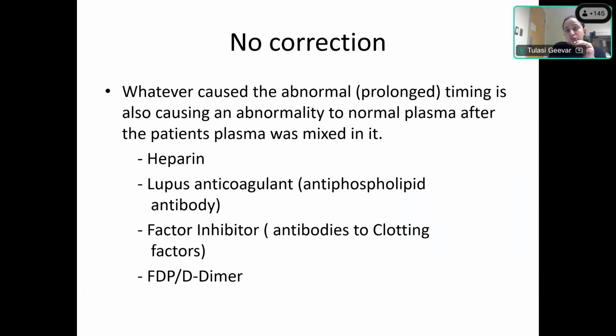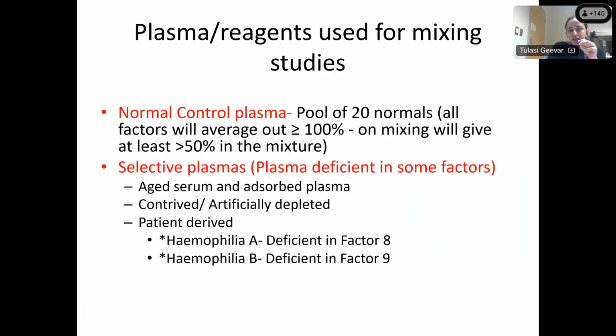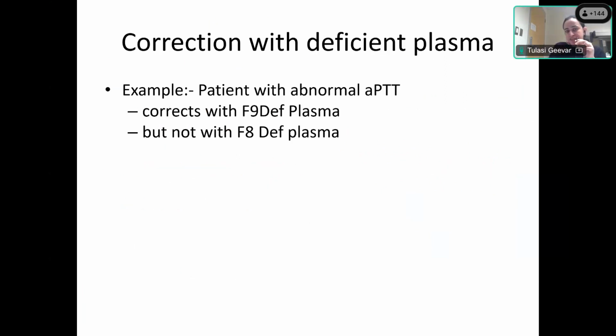The causes for no correction can be heparin, lupus anticoagulant, inhibitors to clotting factors, FDPs or D-dimers. Other than normal control plasma, you can do mixing studies with selective deficient plasmas, like serum or, more specifically, factor 8 or 9 deficient plasma.